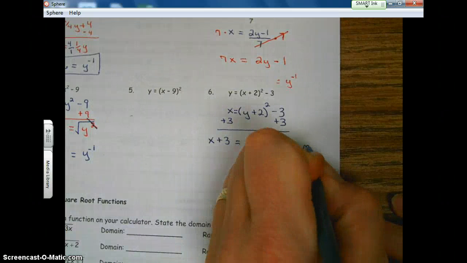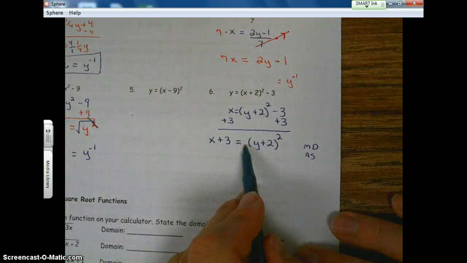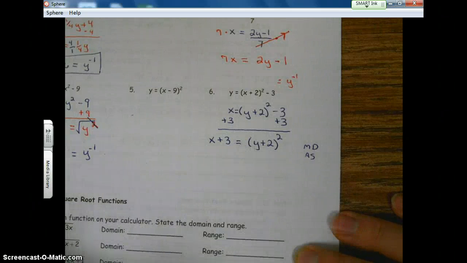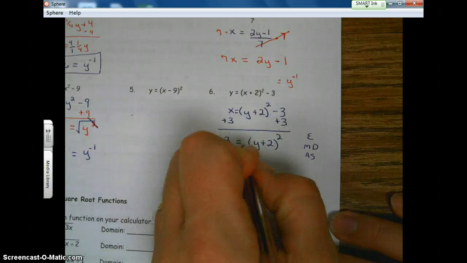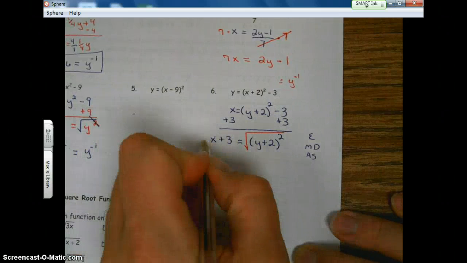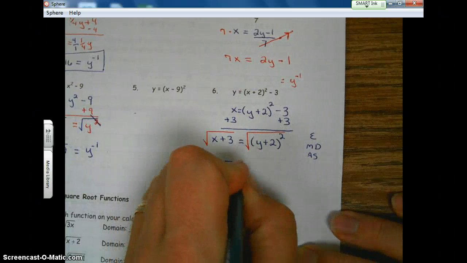We undo multiplying and dividing. There's nothing being multiplied except a 1. Undo exponent next. So we're going to undo squaring next. So we're going to square root. So we get the square root of x plus 3.